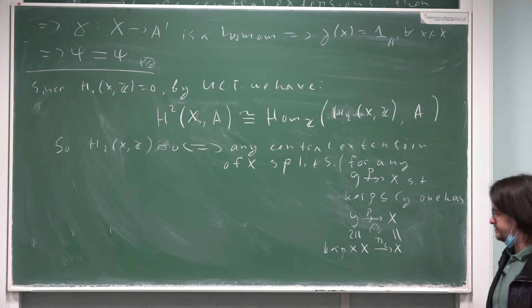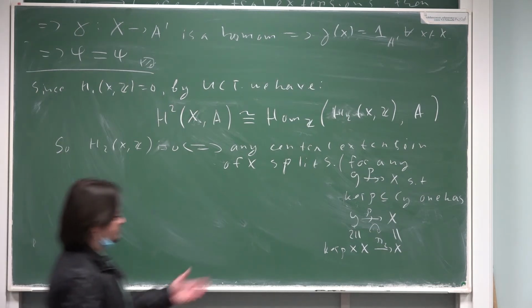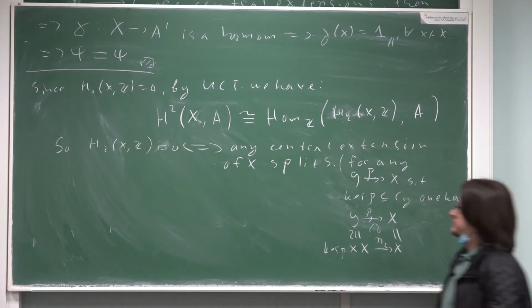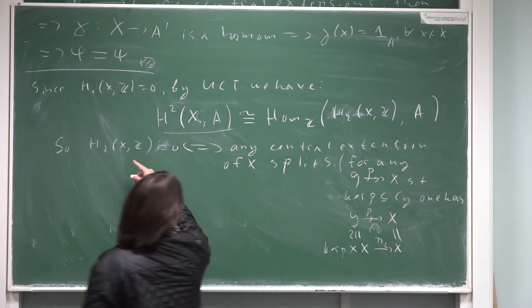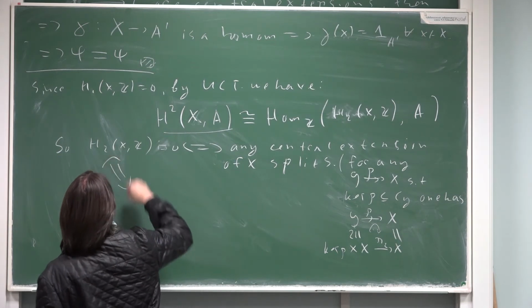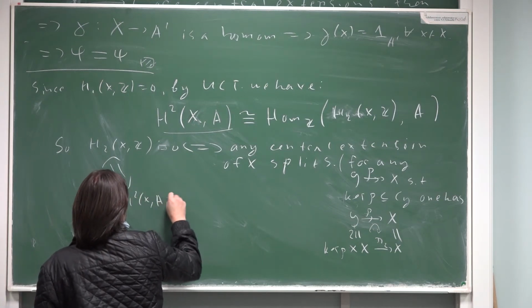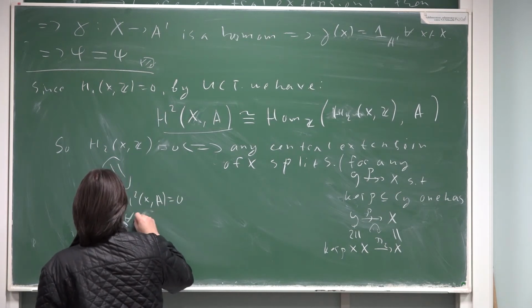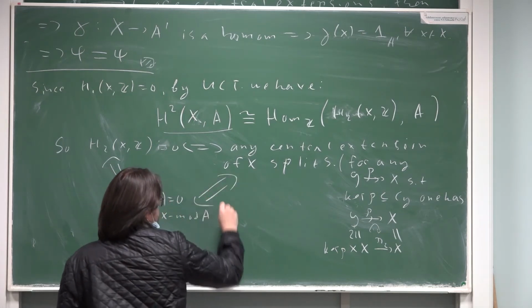So any central extension is isomorphic to the direct product extension if and only if this is 0, so it's equivalent to the fact that H2 of X, A is 0 for any trivial X-module A, and this is equivalent to this.